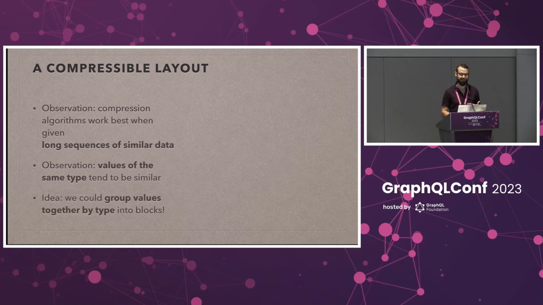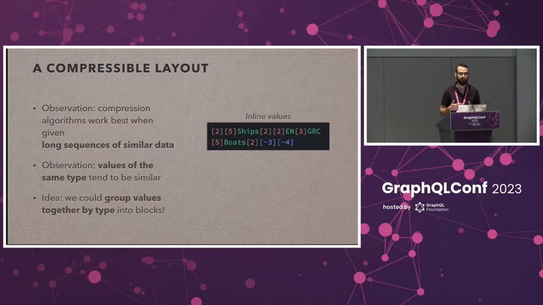So this kind of leads to the idea that we could group values together by type into blocks, and this would actually assist whatever compression algorithm we use into squeezing them down into less space. So for example, we just built up this entire serialized value using inline values, and you can see we intermix integers and UTF-8 bytes.